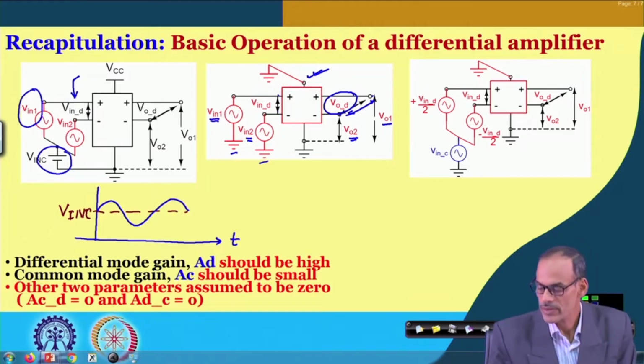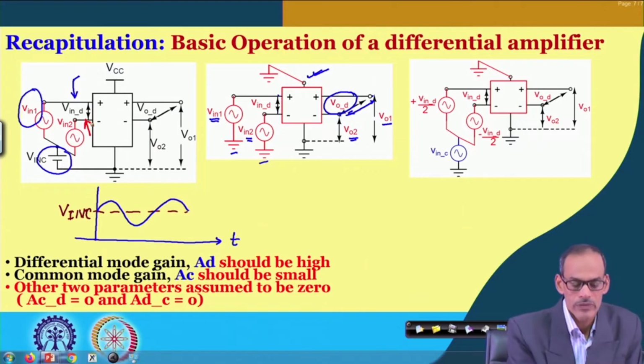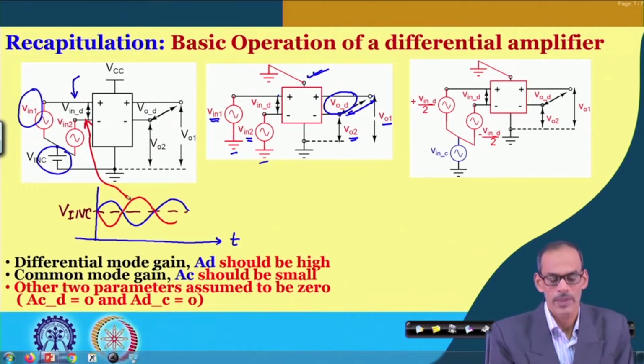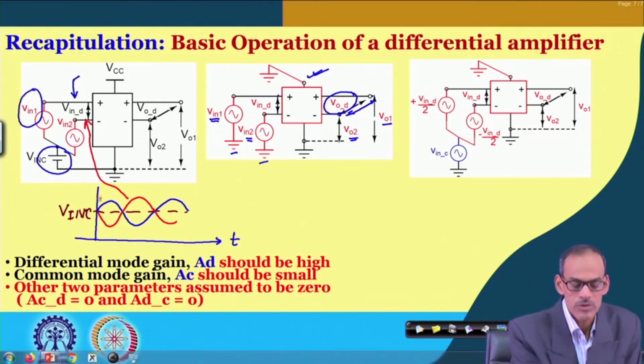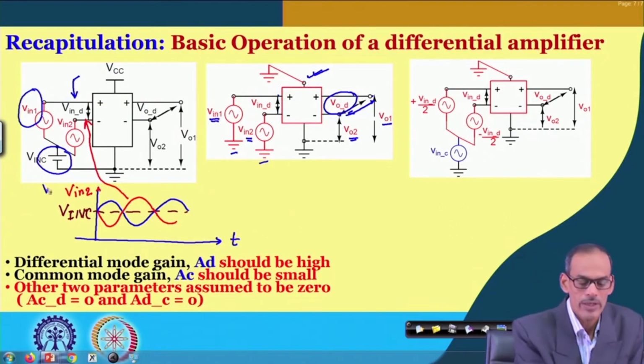On the other hand, if I consider the second terminal, there we have the same DC voltage, and on top of that we have the complementary signal. So these are the two inputs, V IN 2 and V IN 1.